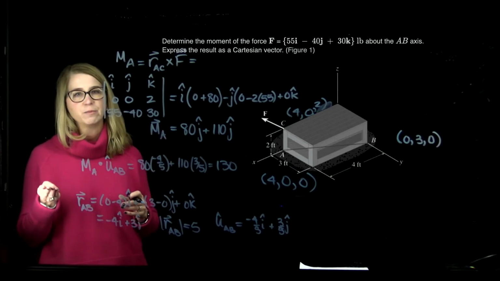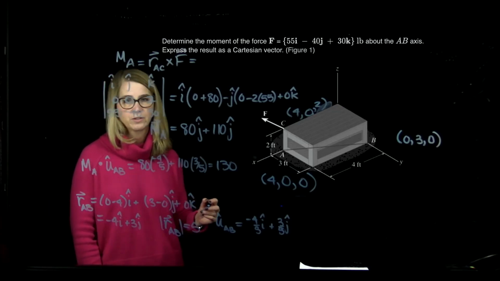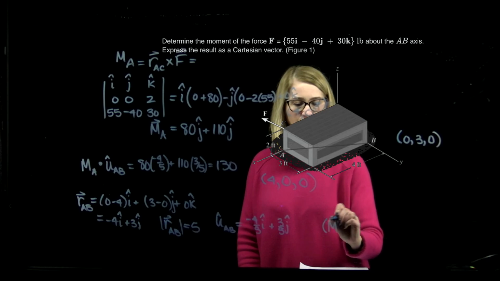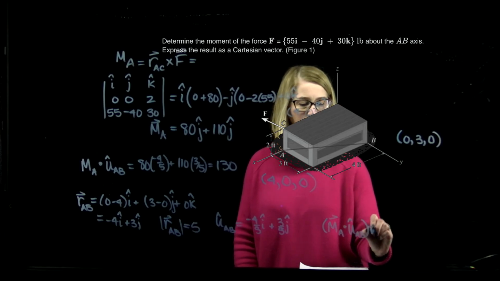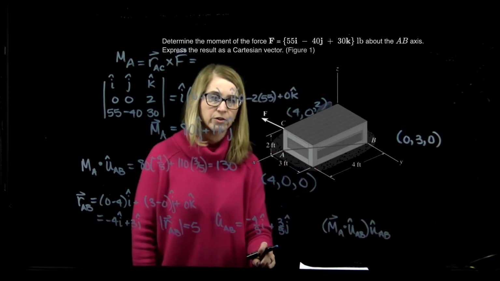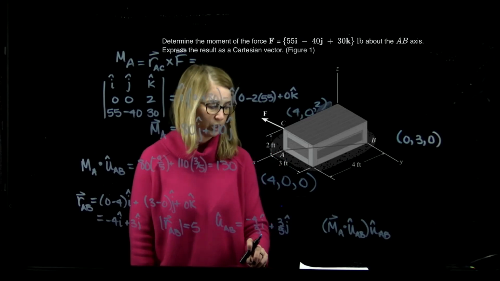Now it actually asked me to express this as a vector, and so what I need to do is take what I just got, the dot product of the moment and that unit vector, and then multiply it by the unit vector again. So it has a magnitude, and then this is its direction.